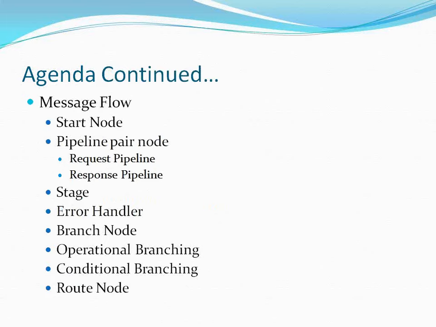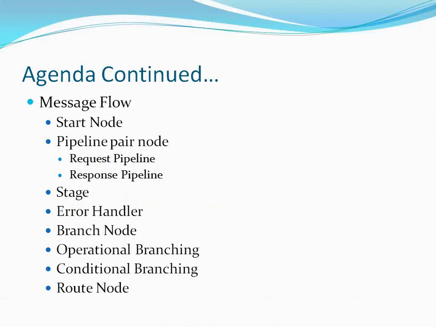So you can use an operational branch, and based on each operation you can put one branch over there and perform your action. It's like a pick activity, you know, the pick activity in BPEL. So operational branching is similar to the pick activity in OSB.